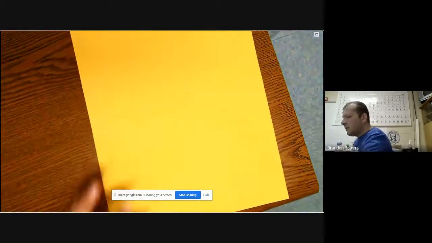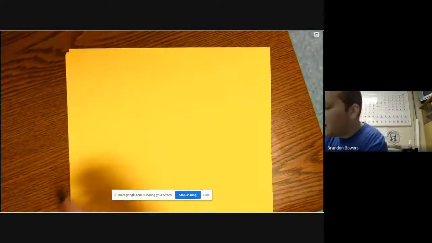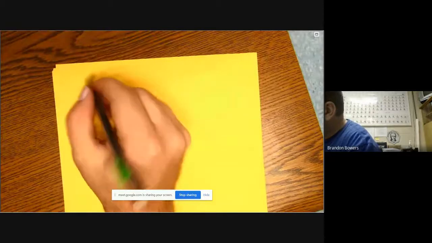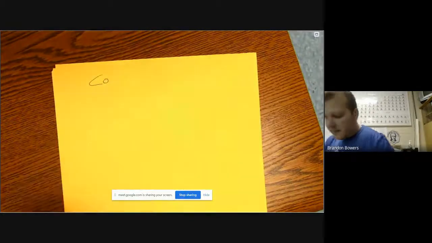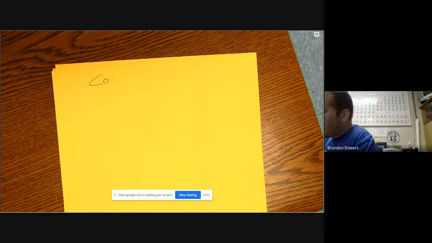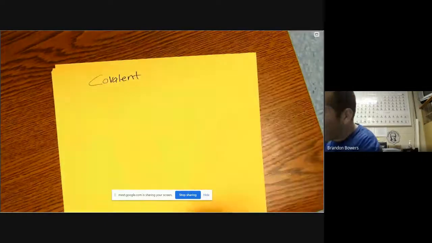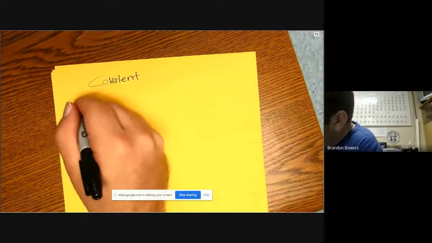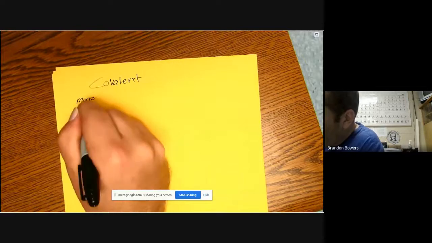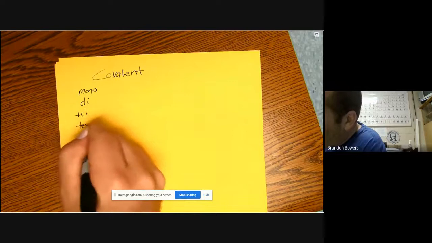All right, so there's 10 prefixes when talking about covalent naming. Covalent, oh, actually, I'm going to write in the pen. There we go. So covalent naming has 10 prefixes. 1 is mono, 2 is di, 3 is tri, 4 is tetra, 5 is penta.